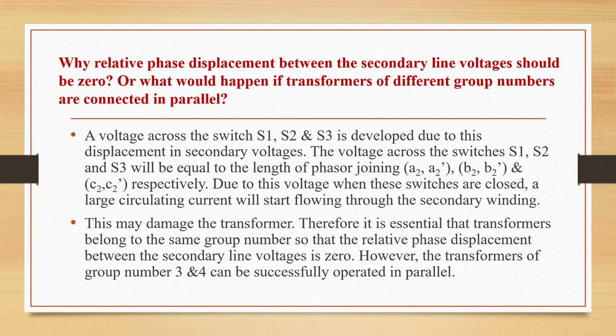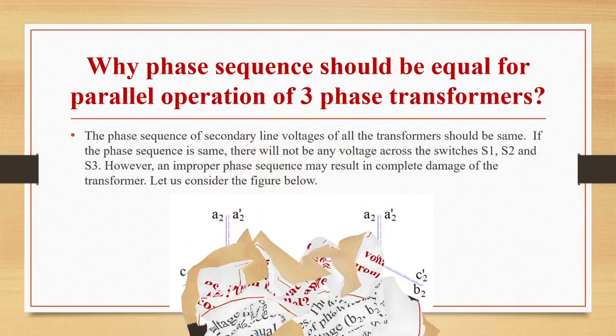So whenever you hear the word circulating current, then you understand here that the transformer is getting damaged. Therefore it is essential that transformers belong to the same group number so that the relative phase displacement between the secondary line voltages is 0. However, the transformers of group numbers 3 and 4 can be successfully operated in parallel.